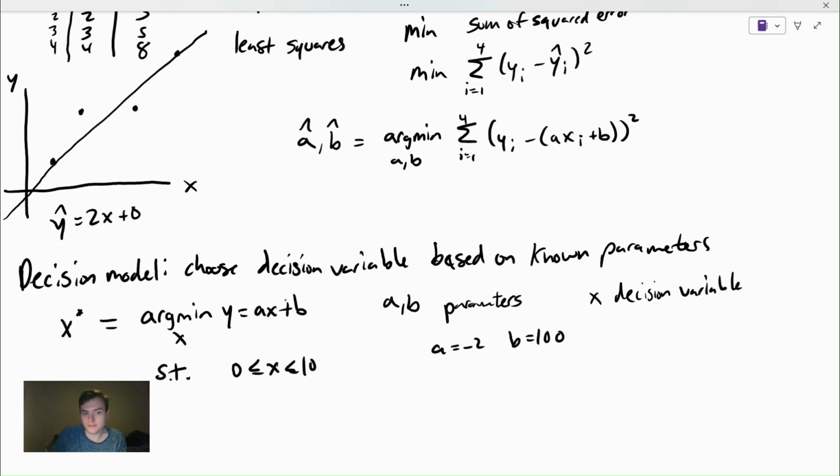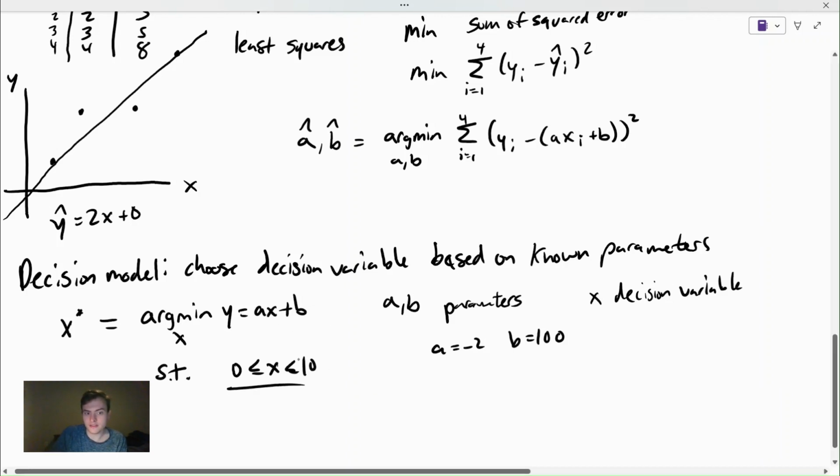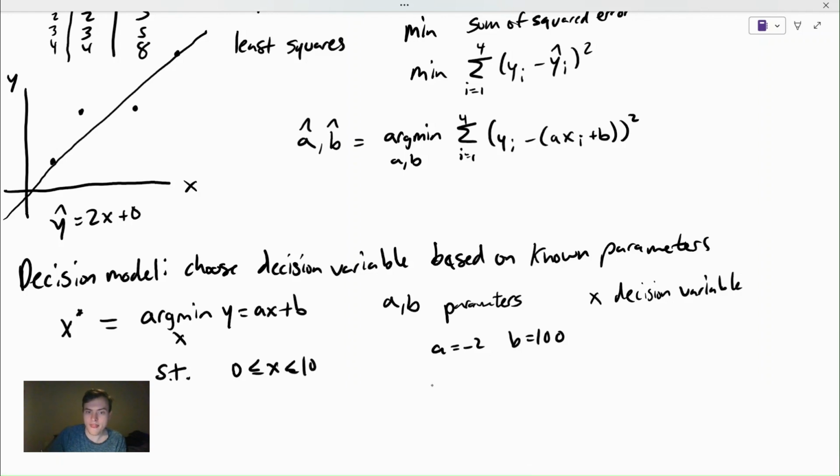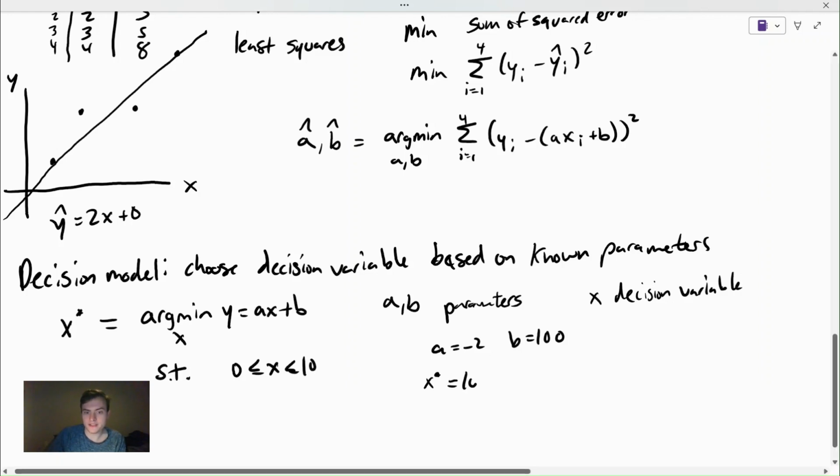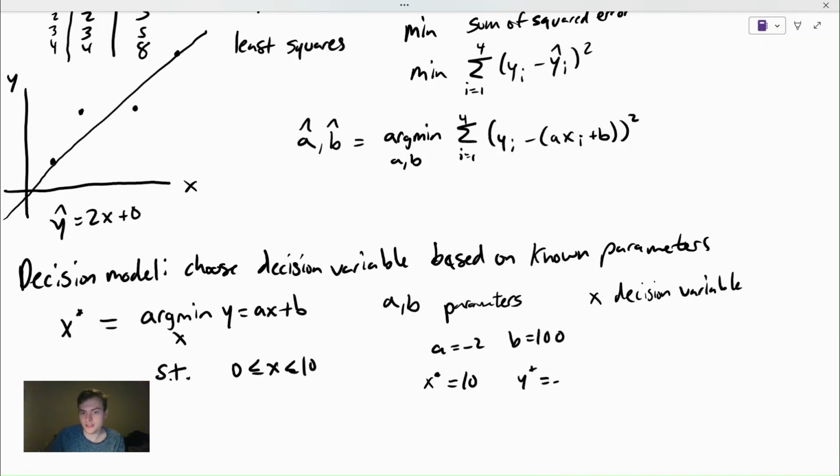This problem would be pretty easy. As we've talked about before, since it's linear, we have this negative coefficient for x. We want to make x as large as possible within these bounds. So our x star is going to be 10, and our y star, when we plug x into the objective, is negative 2 times 10 plus 100 equals 80.